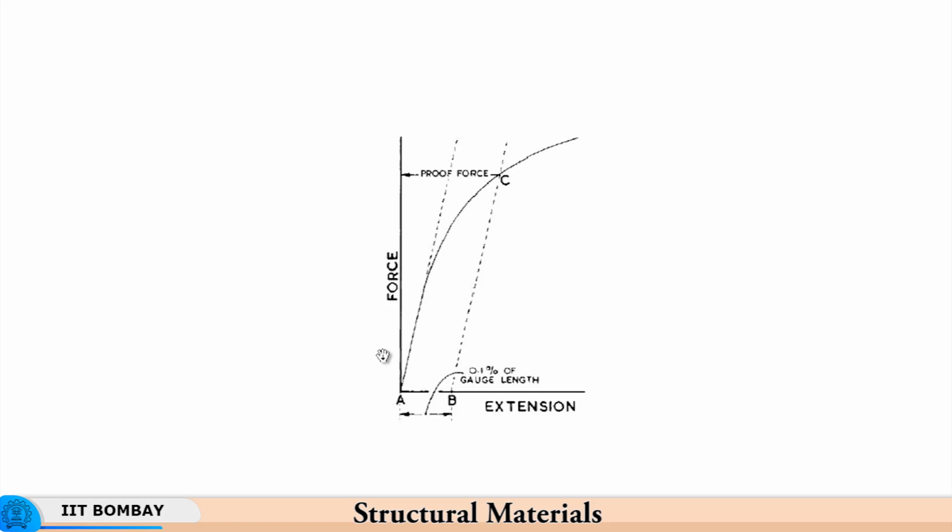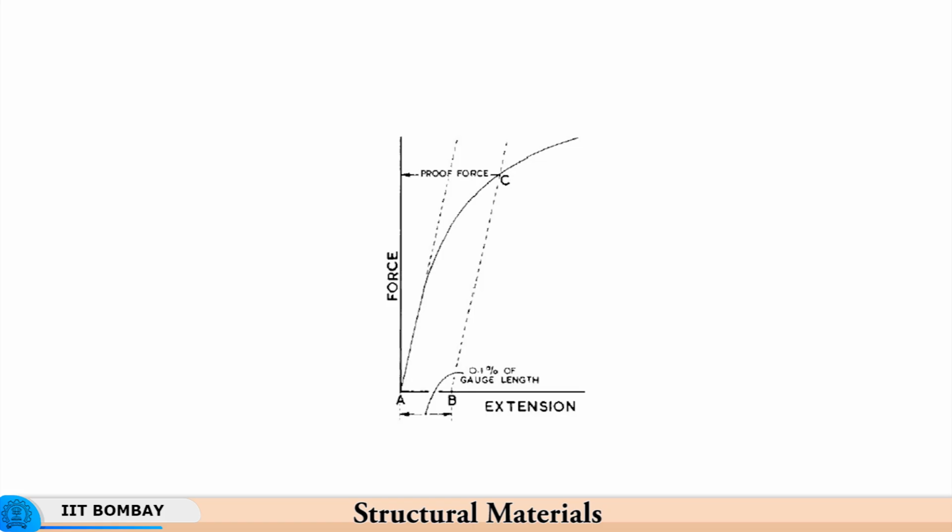So basically you take this force extension curve and convert it into a stress strain curve, and then you plot this. Of course, the nature of the curve will be the same, because stress will be force divided by a constant, extension divided by a constant, because the cross sectional area remains constant in case of elastic deformation.